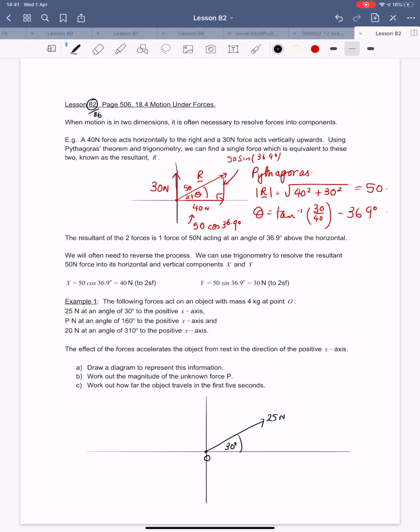P newtons at 160 degrees. We don't know what P is, but we do know that that angle is 160 degrees. And 20 newtons at 310. So we think 90, 180, 270, 310's in here.